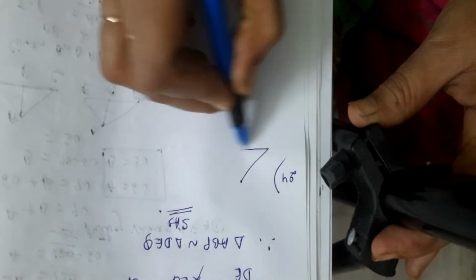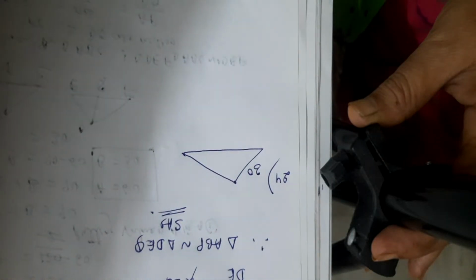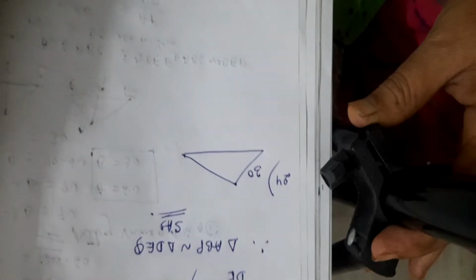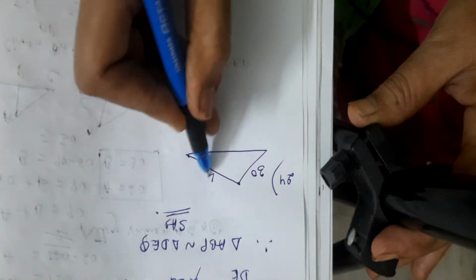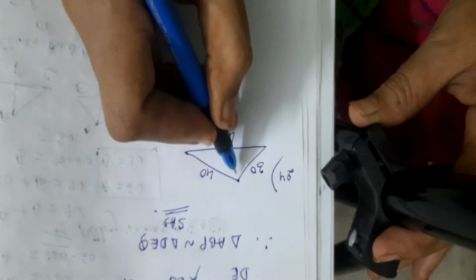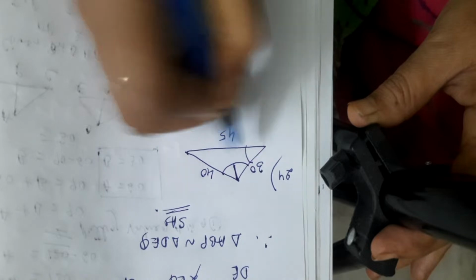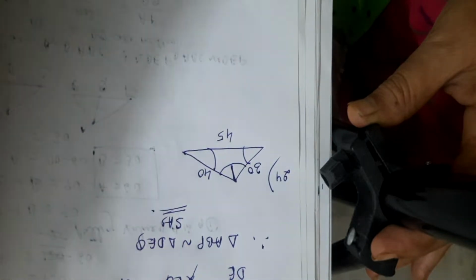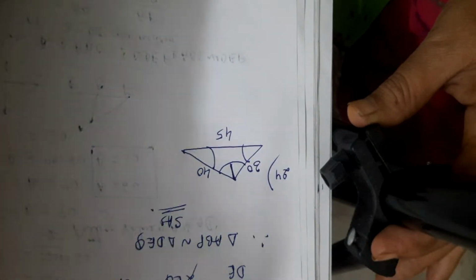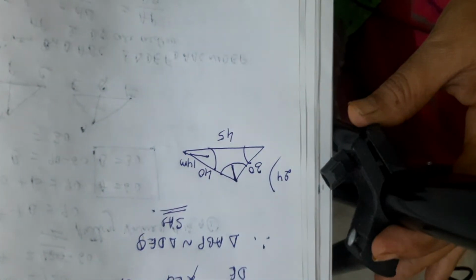So there is a triangle, and the sides measurement is given. The three animals are being tied with the same length of rope, 14 meter. So here 14 meter radius is given for the rope.